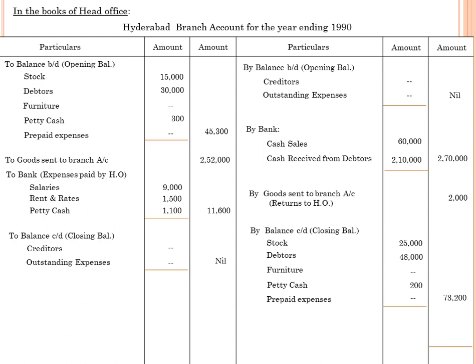Yes, the credit side we have the excess amount and the total is 3,45,200. The same value you put in debit side, 3,45,200. That balancing figure we call the branch profit. How much? 36,300 rupees. So, I hope you understood the concept and the preparation of branch accounting.